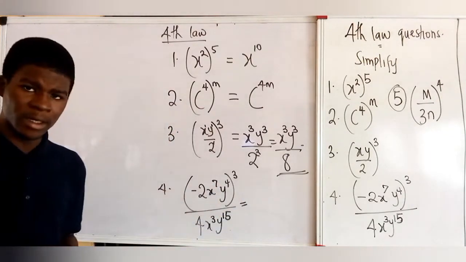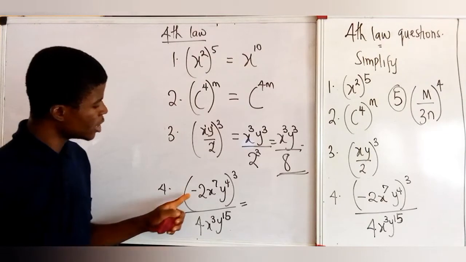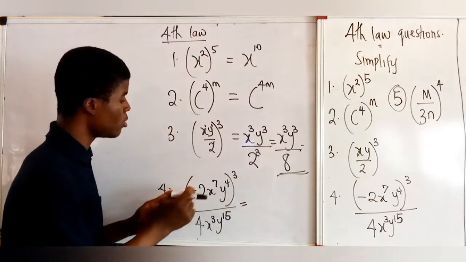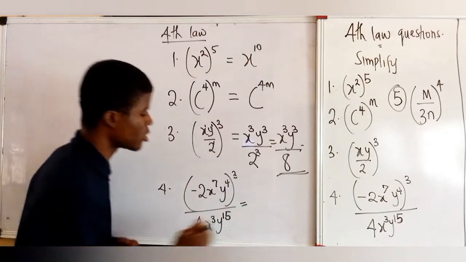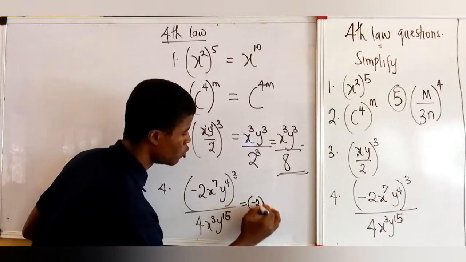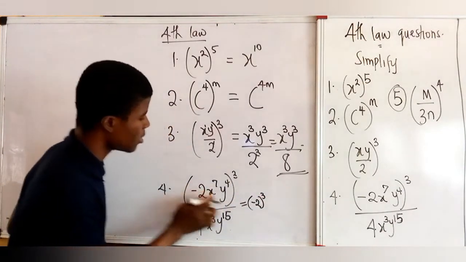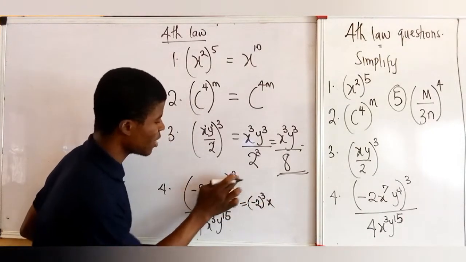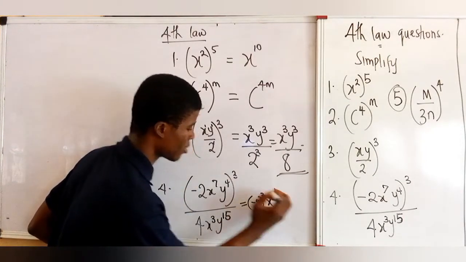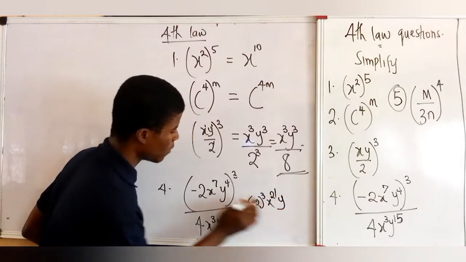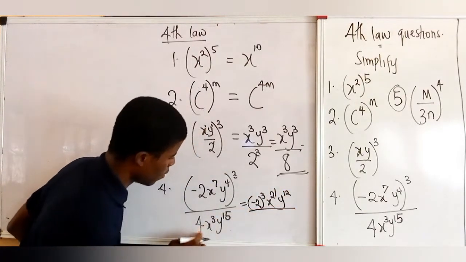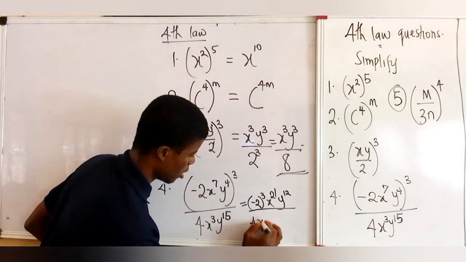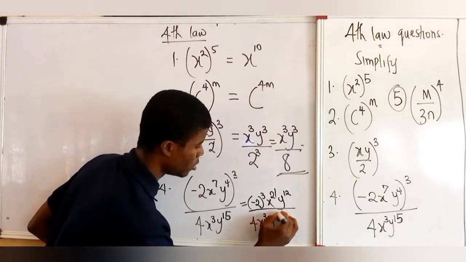Based on what I did in the third law, this minus 2 will be affected by these 3. So this is simply minus 2 cubed, then x to the power of 7 times 3 is 21, y to the power of 4 times 3, that's 12, over what? 4x cubed, y to the power of 15.